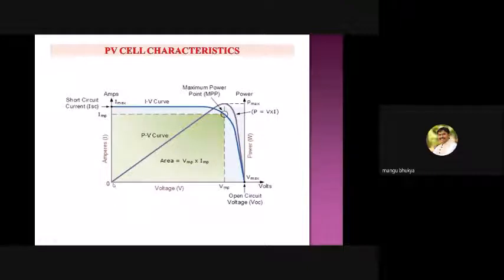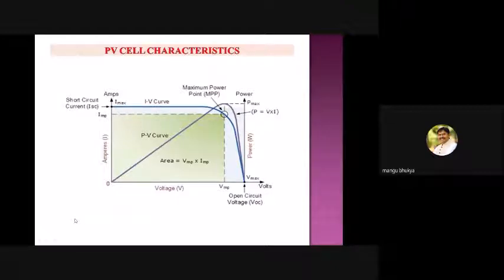If you connect those two terminals by a wire and measure the voltage, it is 0 because it is shorted. In electrical terms we call it a short circuit. Short means voltage is 0: the positive terminal is connected to the negative terminal by a wire, without connecting any load.